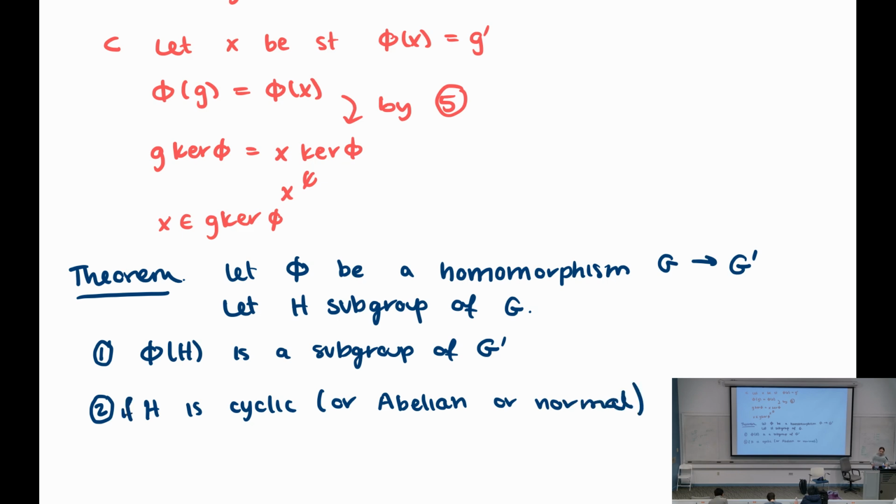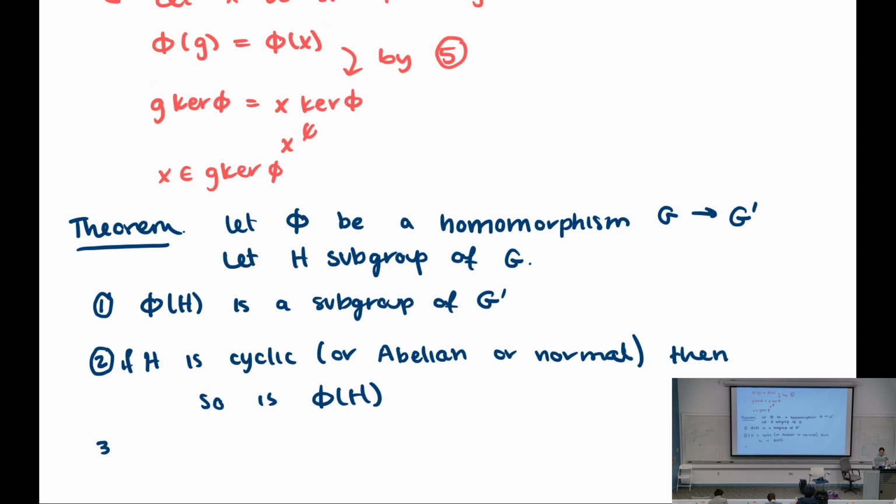If H has one of these properties, then phi of H has the same property. So if H is cyclic, phi of H is cyclic. If H is abelian, phi of H is abelian. If H is normal, phi of H is normal. And then the last property is that if the order of H is equal to n, then the order of phi of H divides n.